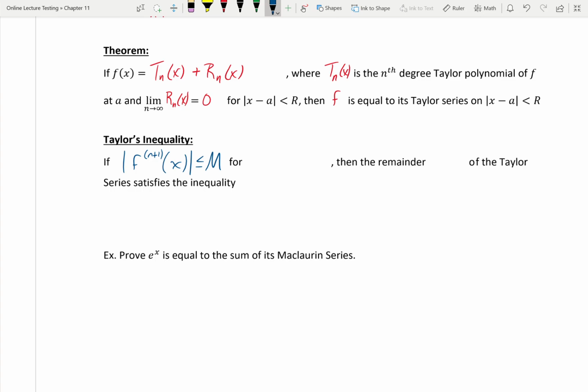So for any value of x, we can let that value be less than or equal to some big number, so we're putting an upper bound on it, or bounded above, for the absolute value of x minus a less than or equal to d, so this is the radius of convergence.